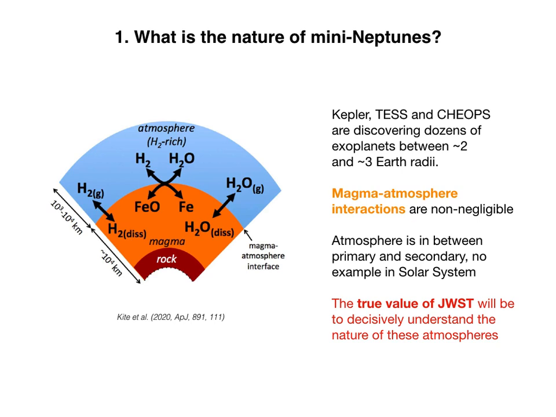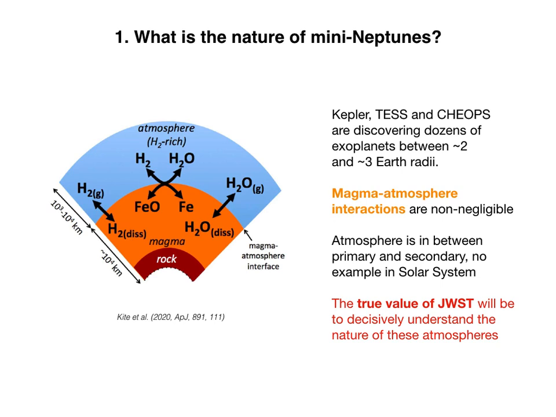Researchers like Edwin Kite, who is cited in this graph, have pointed out that in this regime of between 2 and 3 Earth radii, the interaction between the magma oceans, the molten rock, early in the life of these exoplanets, and the atmosphere of these exoplanets cannot be neglected.